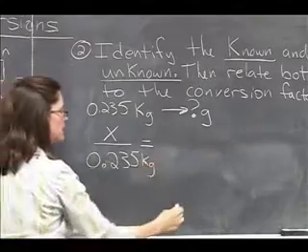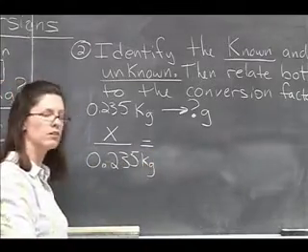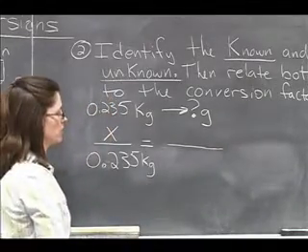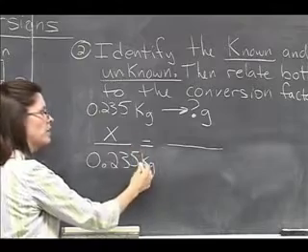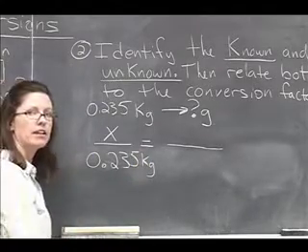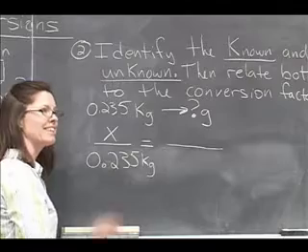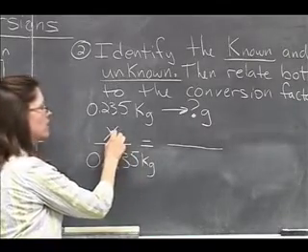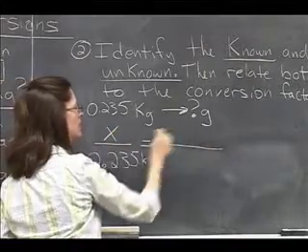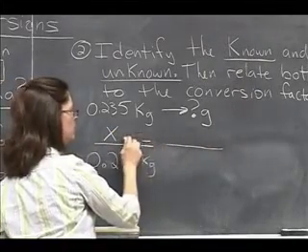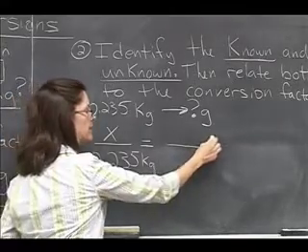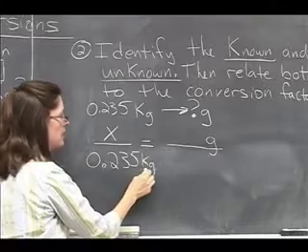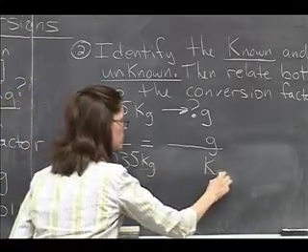So here are our unknown and our known. We need to relate this to the conversion factor. The units of our conversion factor have to match up with the left-hand side of this mathematical equation, okay? So remember that x is our unknown in grams. That means if grams is in the numerator here, it has to be related to the numerator over here, whereas kilograms in the denominator, we need kilograms over here.